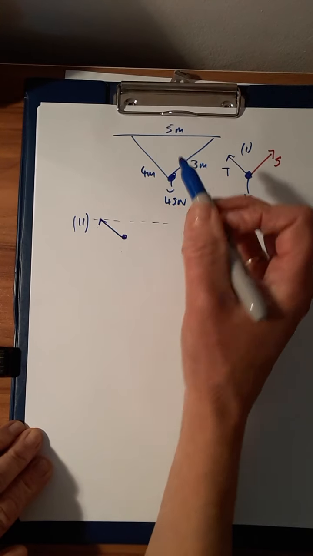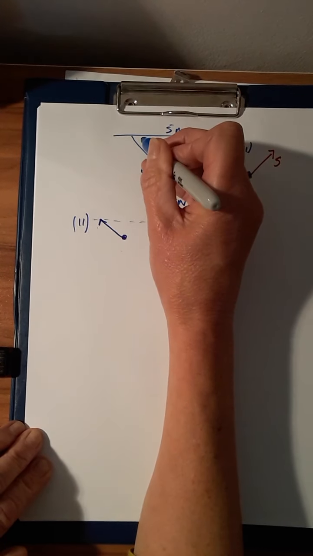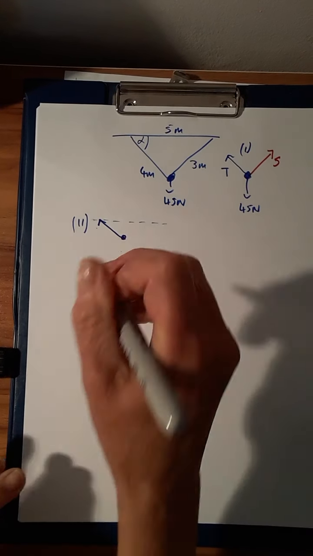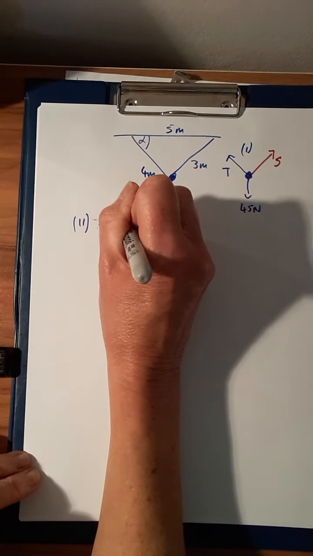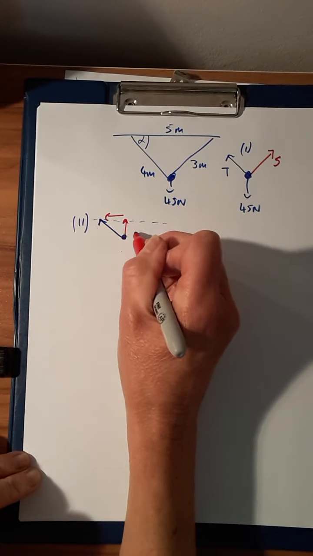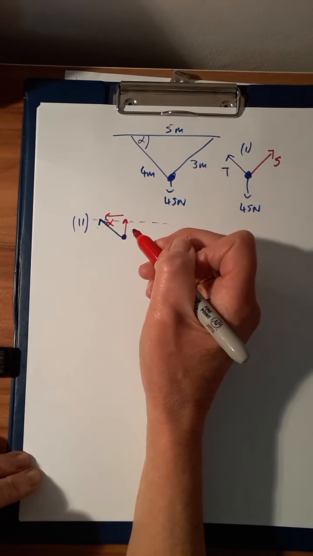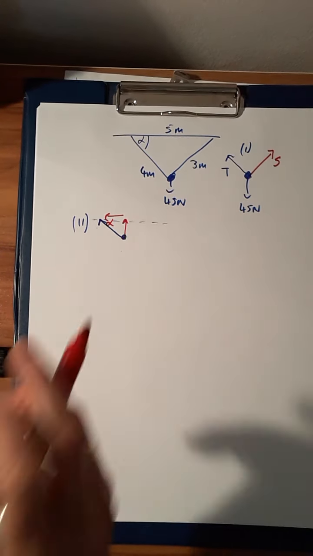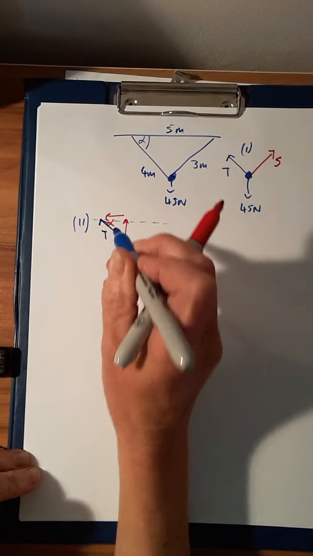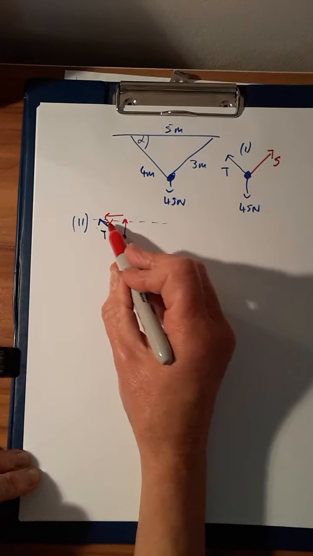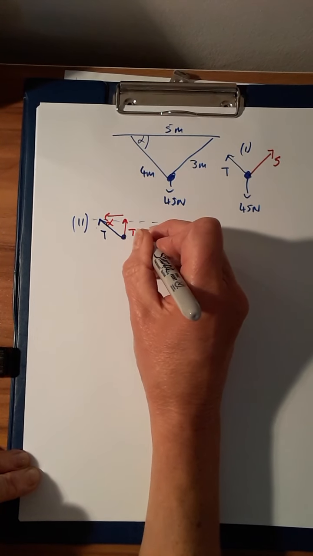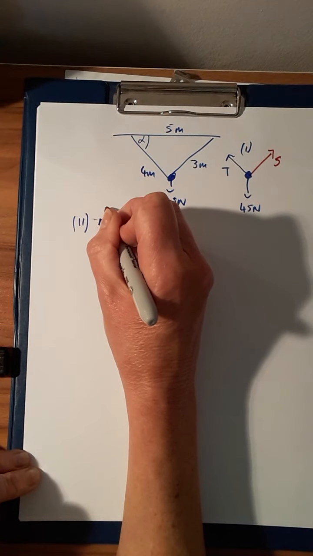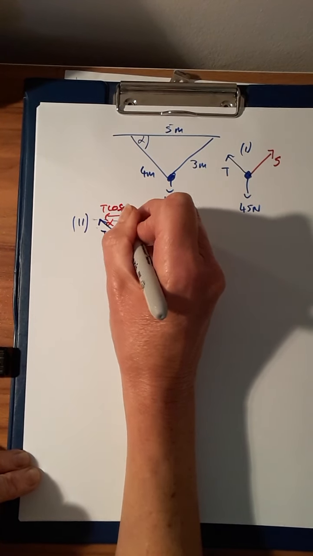Okay, so if I said that that string made an angle of alpha with the ceiling, then if I was to draw a right angled triangle around that force and mark its two component sides and call this one alpha because it matches that angle there, then if this is the string T, that's the hypotenuse. This side over here, which is opposite alpha, of course, will be T sine alpha. And this one, which is adjacent to the angle, will be T cos alpha.